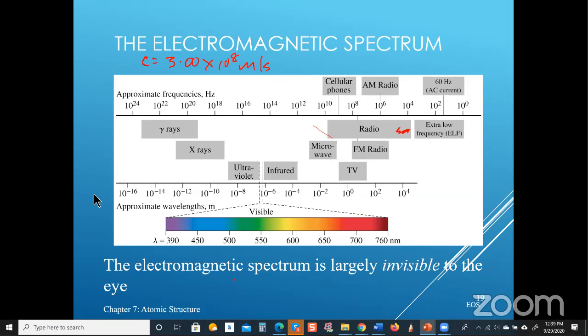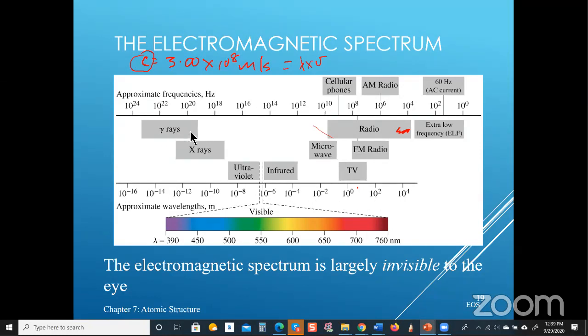Since c is equal to lambda times nu, since c is constant, there's an inverse relationship between the wavelength and the frequency. So as the frequency decreases going left to right, you'll see that the wavelength increases going left to right, okay?